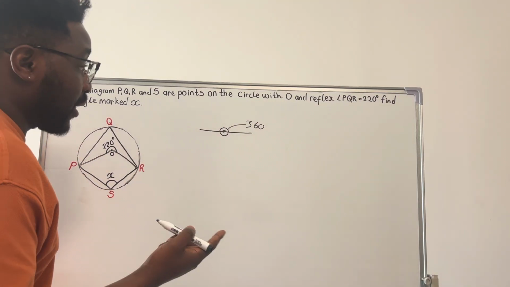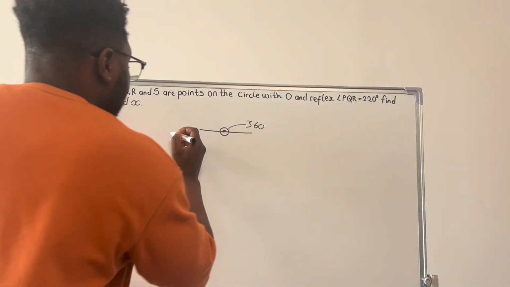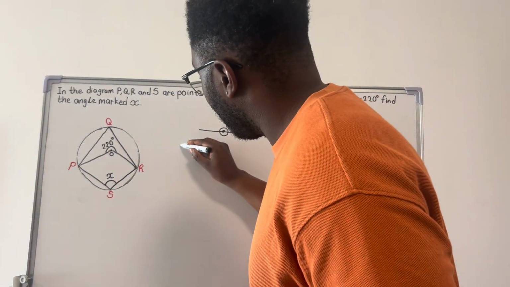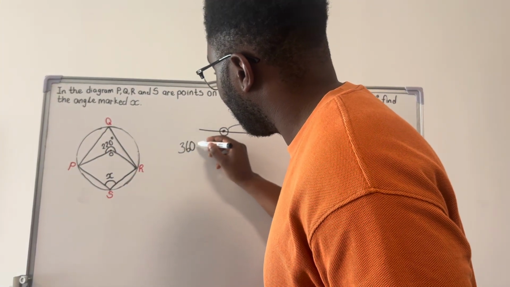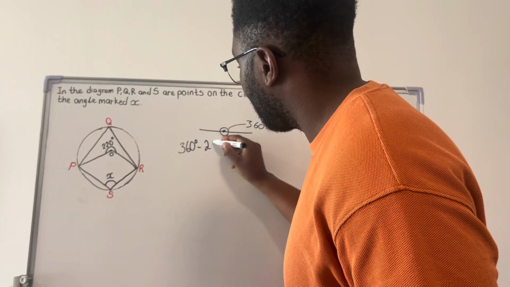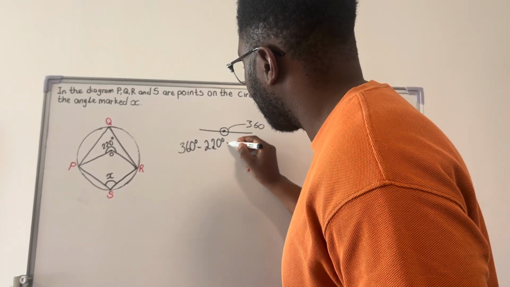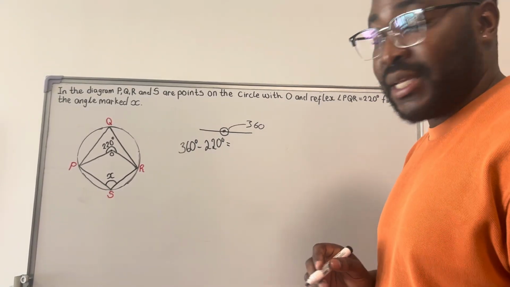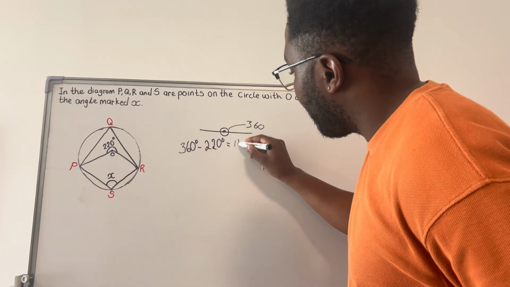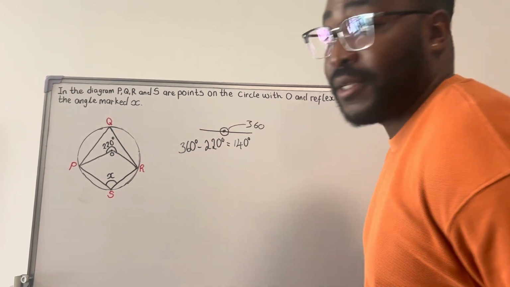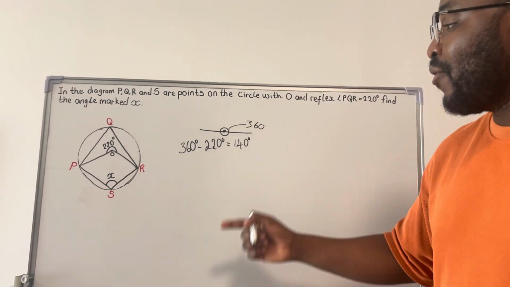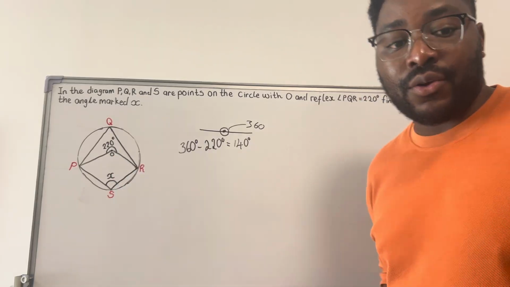So we have 360 minus 220, and that gives us 140. So we have now found our smaller angle at the center.